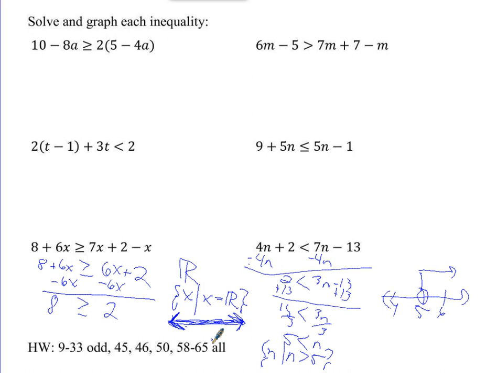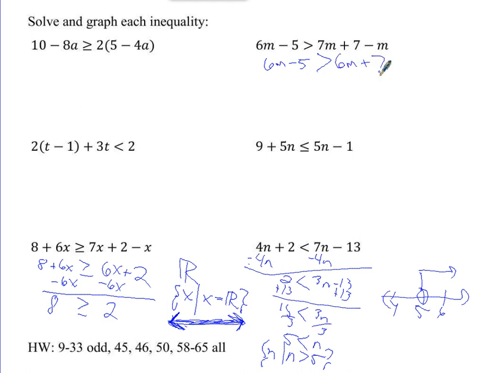I heard right top. Over here. What are we going to do first? Combine like terms. 6m minus 5 is greater than 6m plus 7.